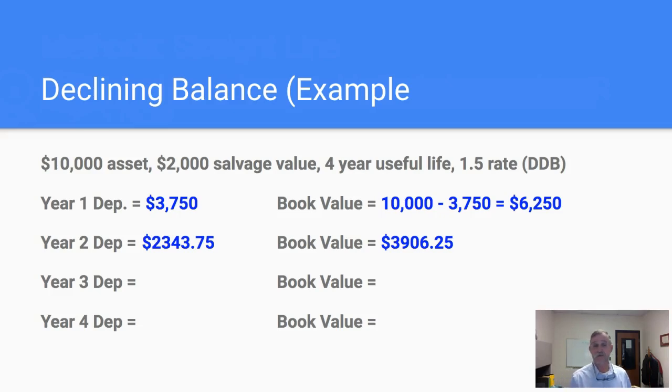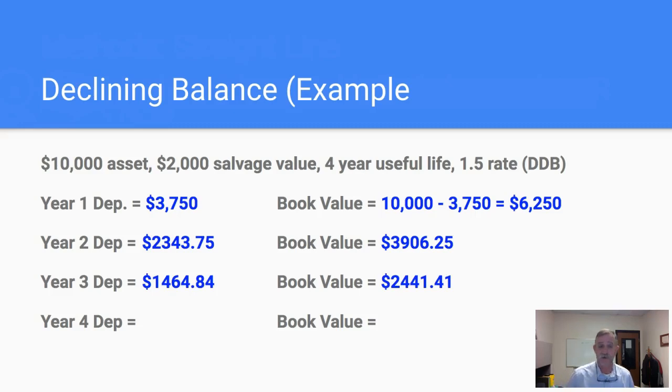Okay, now you should be able to just look at these numbers and say, well, let's see here, salvage value is $2,000, so I've got 1,906 and some change left to depreciate on this particular asset, in order to get it down to the salvage.